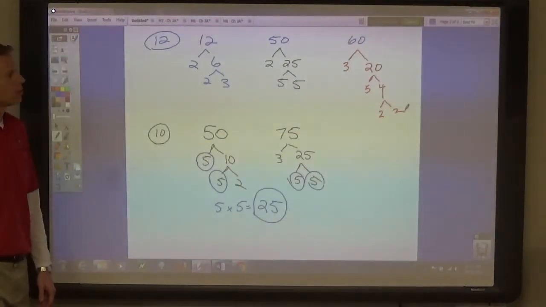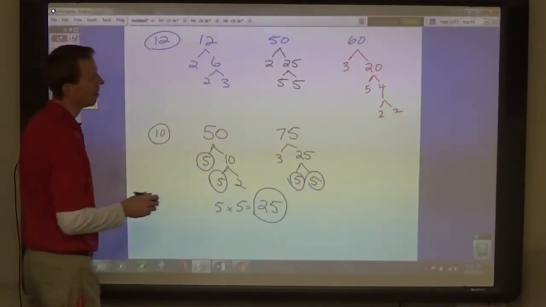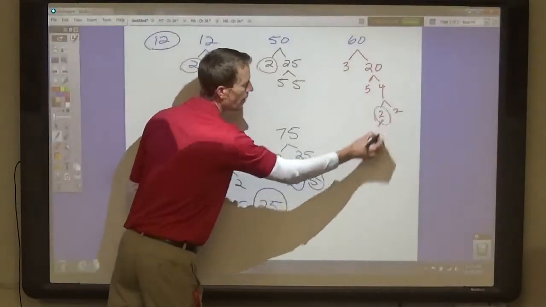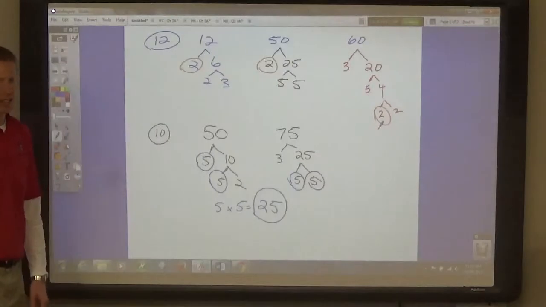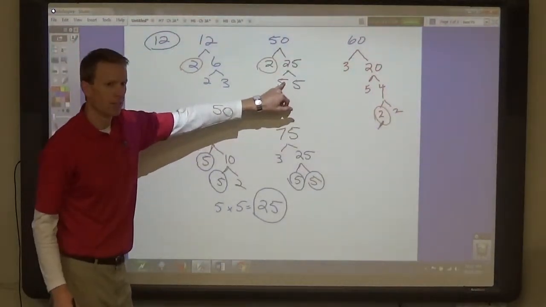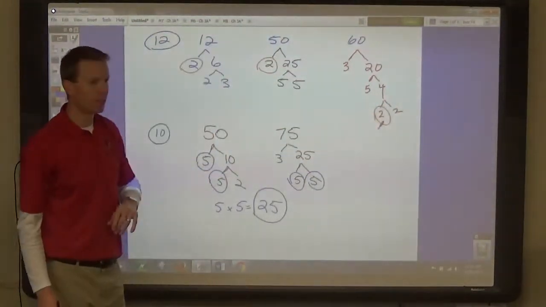Now, we have to find the numbers that are in all three. There's a 2 in every one, right? There's another 2 in this one, but not in this one. There's no 5s. 5 doesn't go into 12.